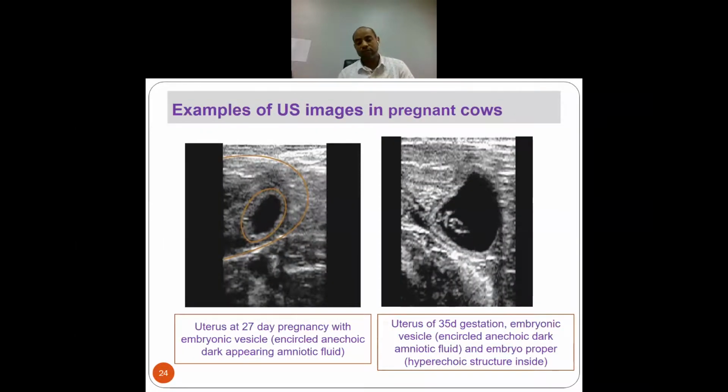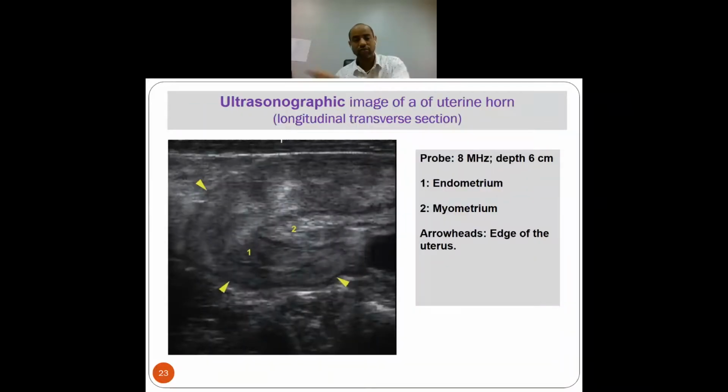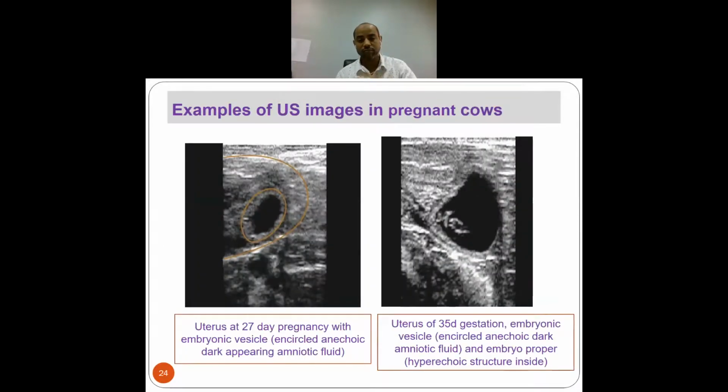But what happens when the animal gets pregnant? Okay. When the animal is pregnant, obviously the previous appearance will change. It changes from having a uniform echogenicity across the cross section or longitudinal section of the uterus towards having some mixed echogenicity, with a dark space surrounded by a hyperechogenic grayish white appearance.